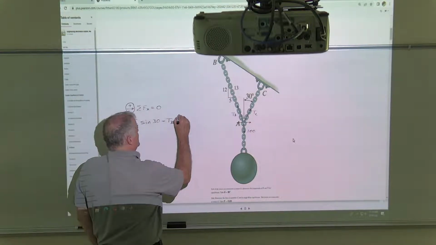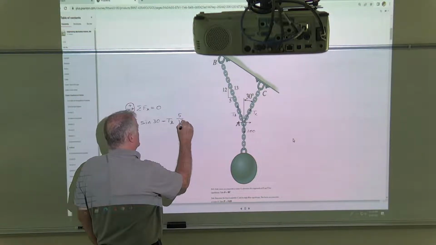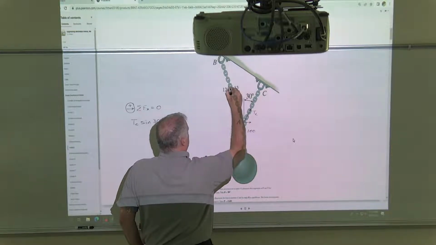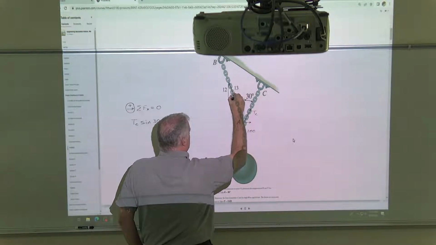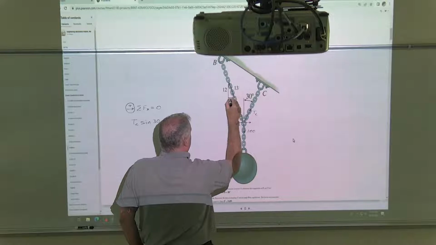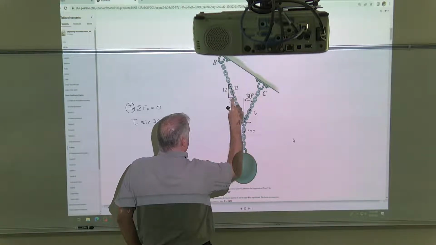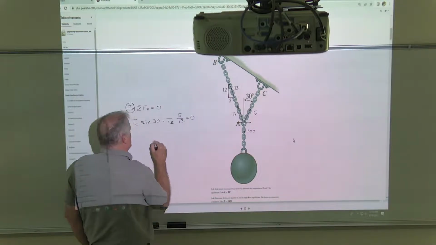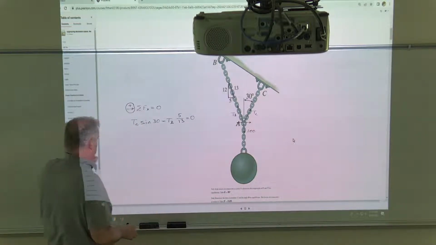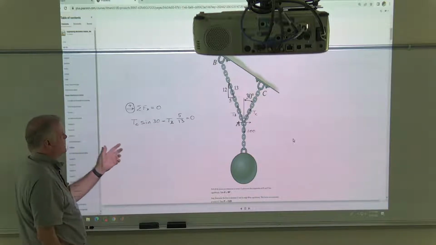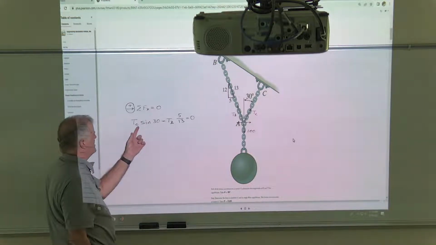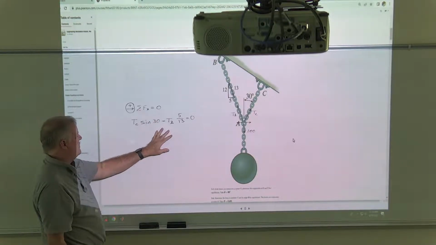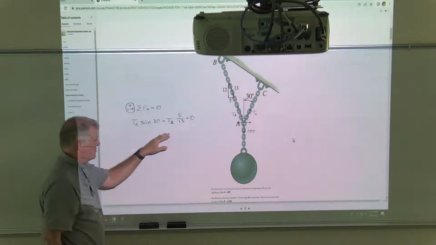So what you have is 5/13ths. So you take the ratio of this, and essentially it looks like that. So I'm taking the ratio of that to that, and that equals 0. That just tells me that TC and TB are related to each other. They have to be such that the X component knocks each other out. So I'm held fixed there. I can't find either particular one.